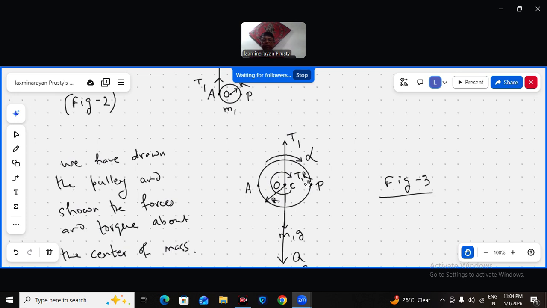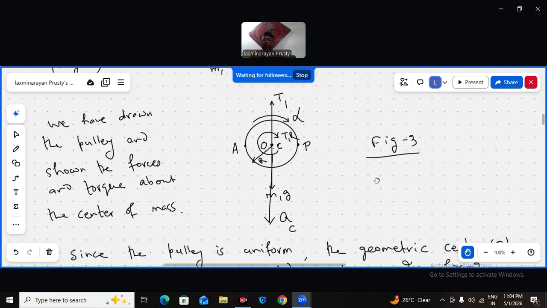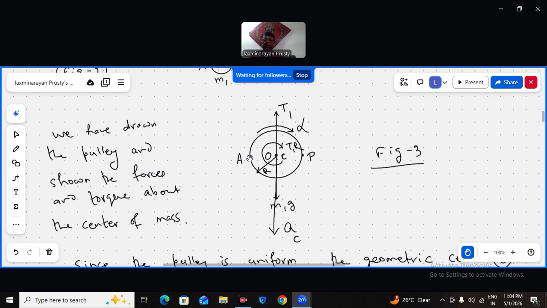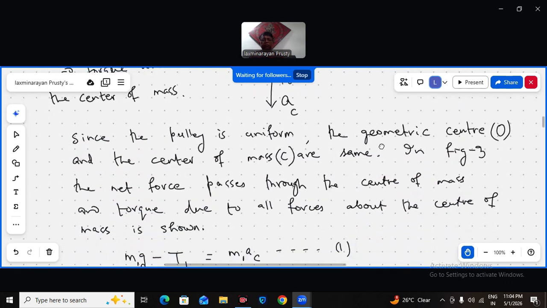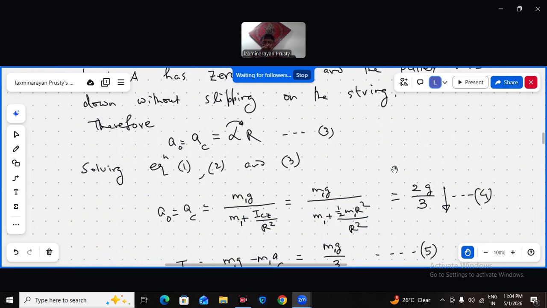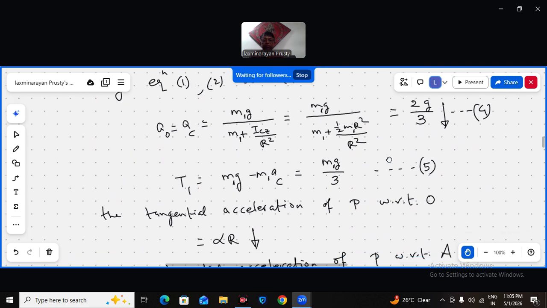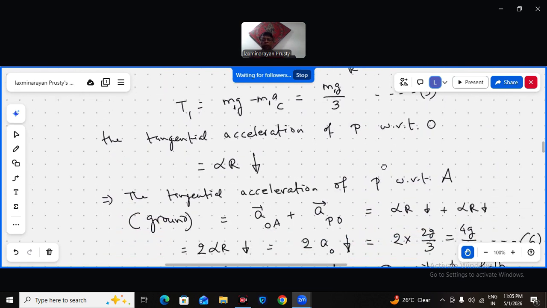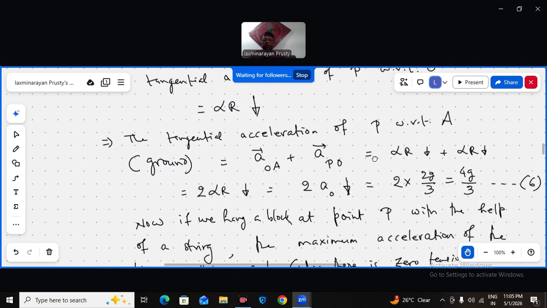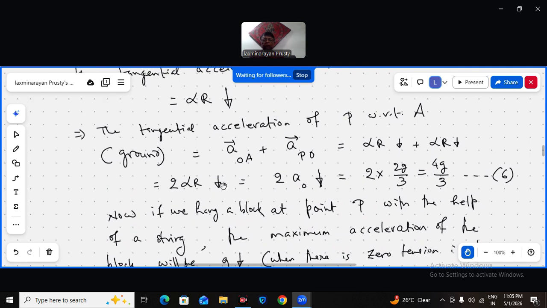So acceleration of P with respect to A will be acceleration of O with respect to A plus acceleration of P with respect to O. So that is 2 alpha. Or you can just take this as the axis of rotation, so this is 2R. So alpha into 2R is the acceleration of P with respect to A. A is the point fixed to the string, that is fixed to the ground.